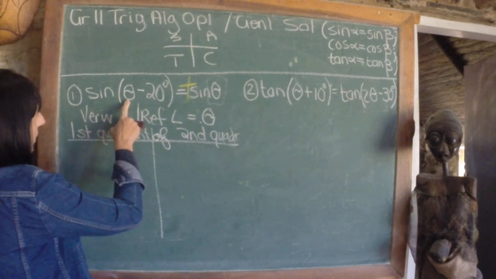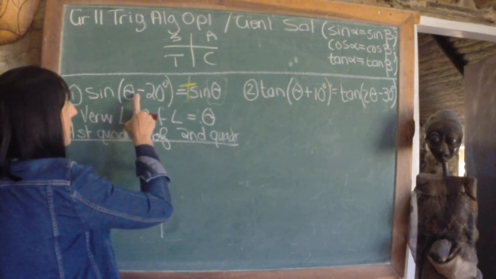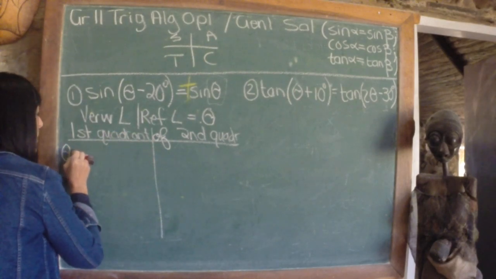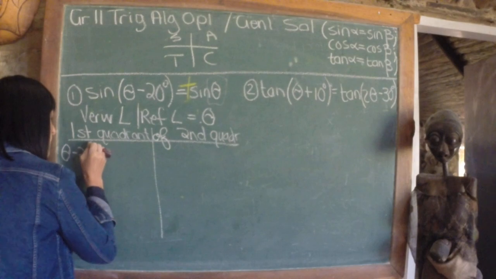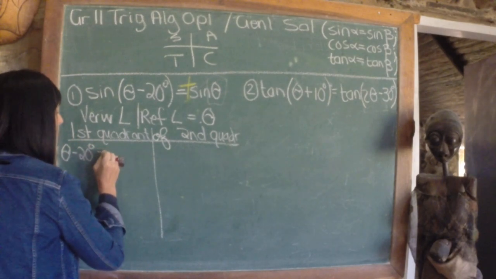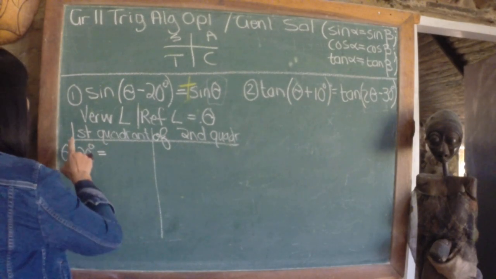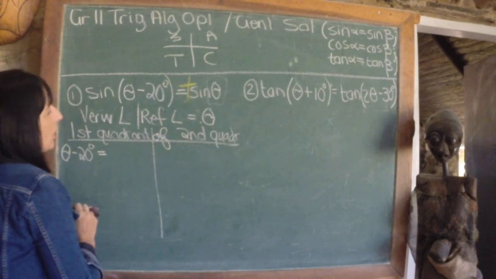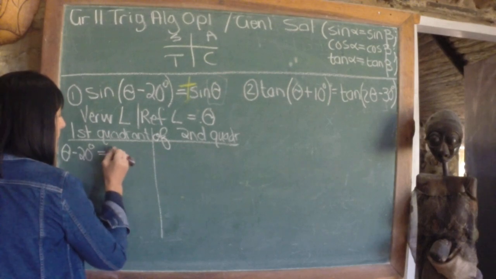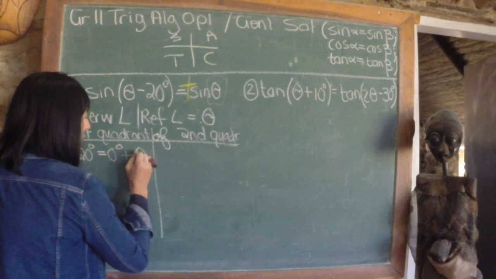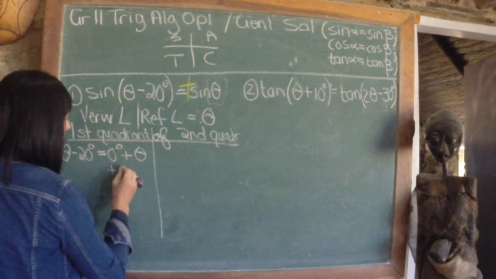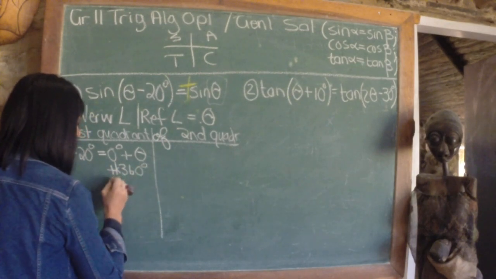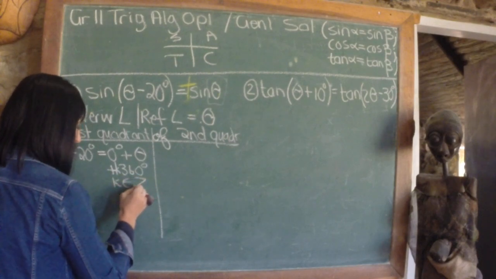Our angle, daar is ons hoek, is theta minus 20 grade. So we're going to start with theta minus 20 degrees, as before, equals, first quadrant, is 0 grade plus ons verwysingshoek. So dis 0 grade plus theta, plus in die sin, so dis 360 maal k, k element van z.